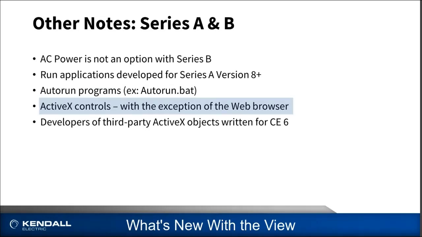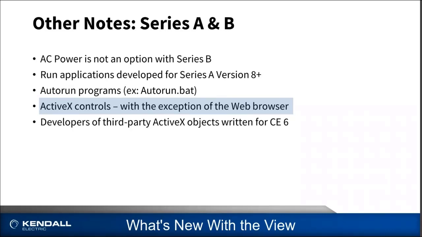All of the ActiveX controls that are with the Series A units will remain the same, with the exception of the web browser ActiveX. The web browser ActiveX allowed a web page to be displayed within a running project, but with Microsoft Edge, that'll only run full screen.